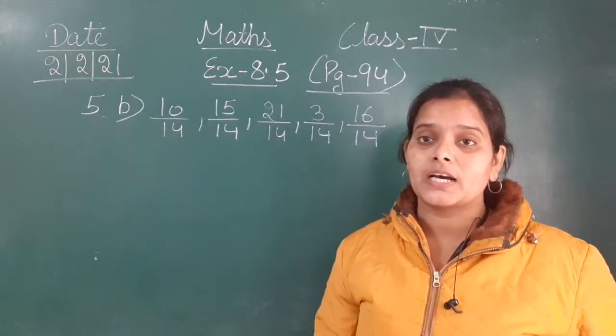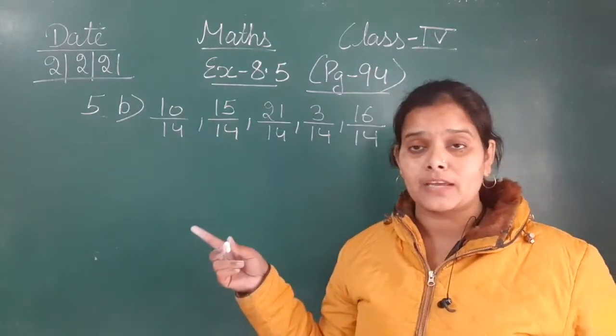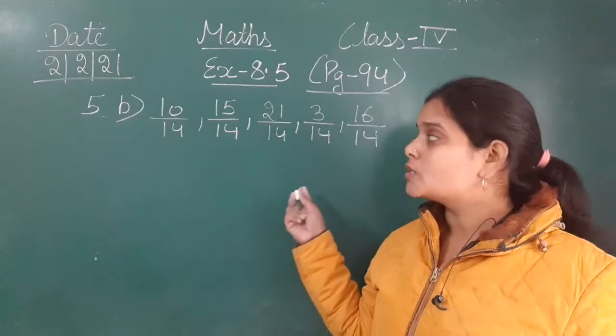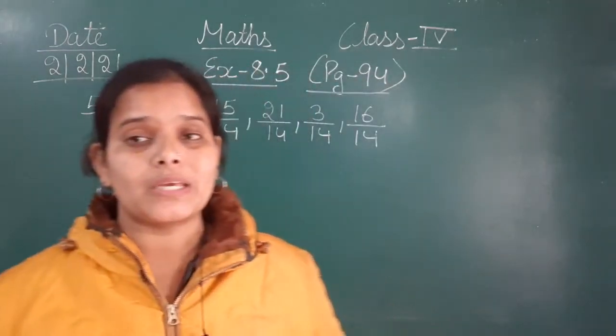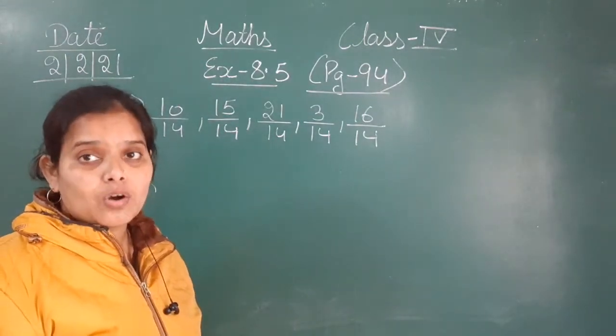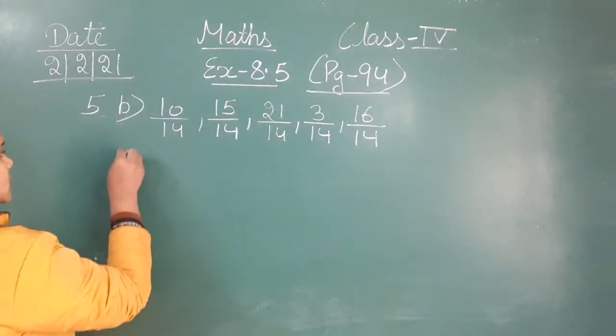So that means they are like fractions. Okay, so now सबकी सब हमारी like fraction है. There is no mixed fraction as well. So we can just simply give the solution for this. Now we can simply arrange these given fractions into ascending order.